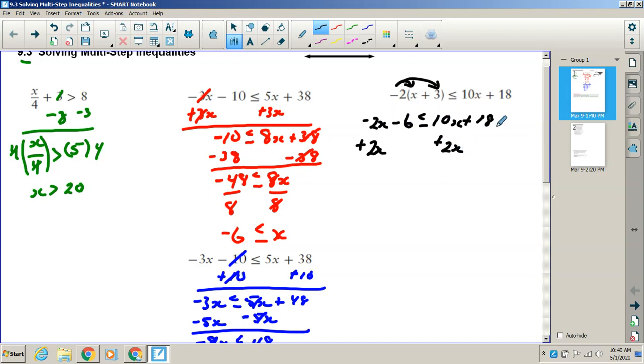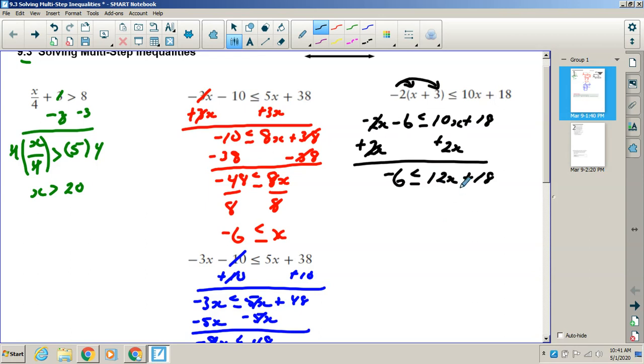I can move any of those 4 terms, and I should end up with the same solution. Those are gone. Left side, I've got negative 6, less than or equal to, and that looks like 10x plus 2x is 12x, and I have plus 18.